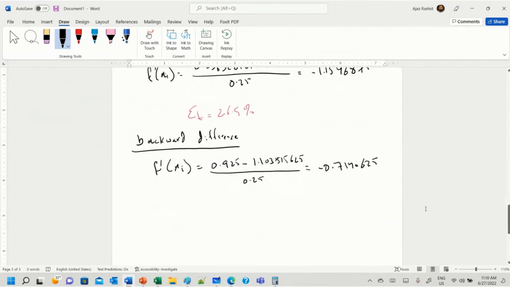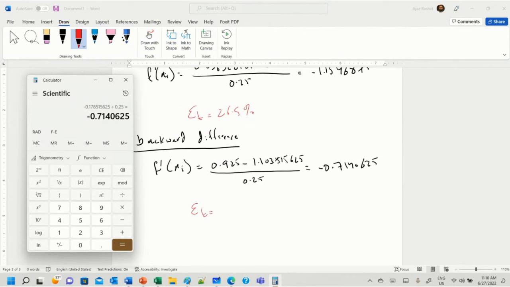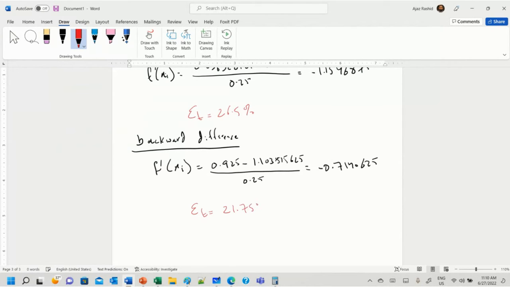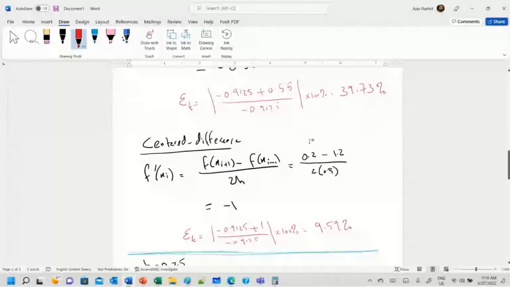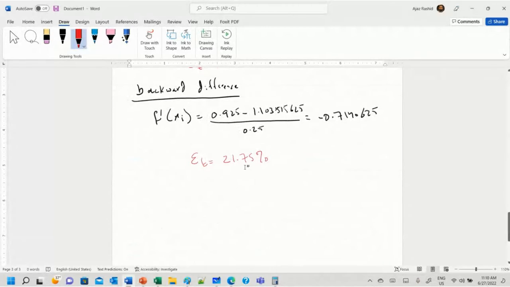That's the answer we get. You can find the true error, which is this number minus 0.9125, divided by 0.9125. So it's 21.75. So we had almost 40% error, which went down by half to almost 20% error.